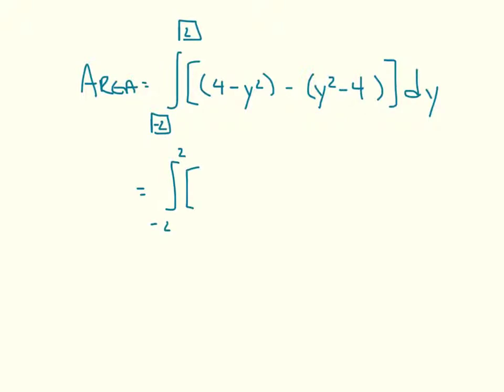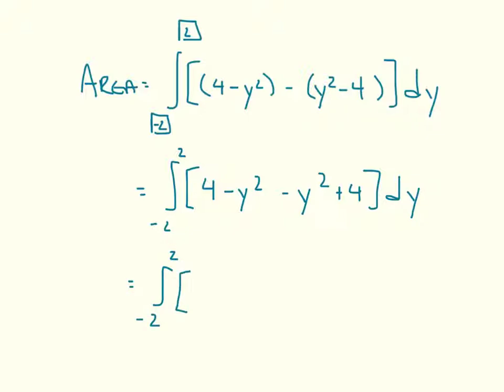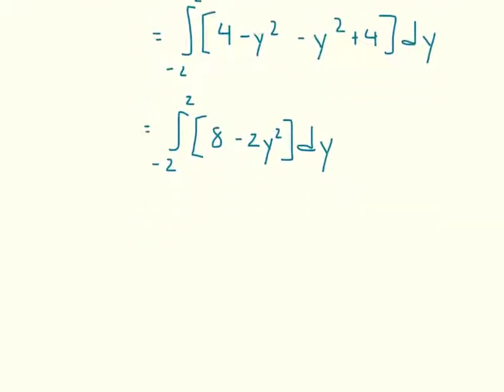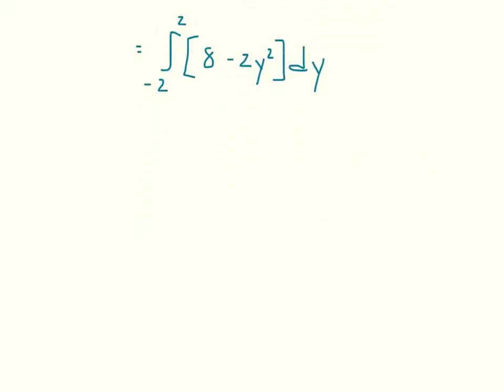We can start by simplifying a little bit just to make life easier when we're plugging in. Dropping parentheses, distributing minus signs, we get 4 minus y squared is negative y squared plus 4. If we combine some like terms, we're going to get 8 minus 2y squared. And that's about as simple as we can get it, so now we can integrate and then plug in.